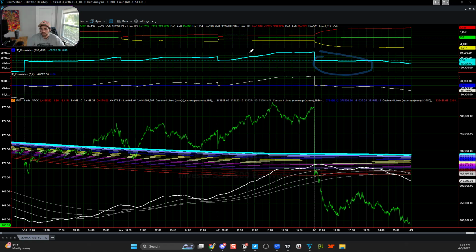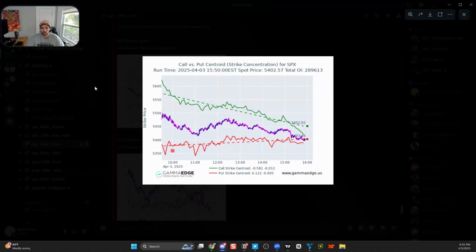So again, that's why I at least was not eager to short the hole in the morning, just because we didn't see that massive continuation lower with the cumulative tick, or with the put side of the volume as well. So I was perfectly content sitting this out, waiting for a better opportunity to set up in the afternoon.